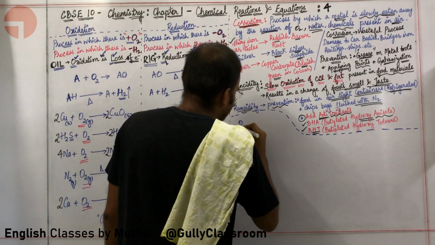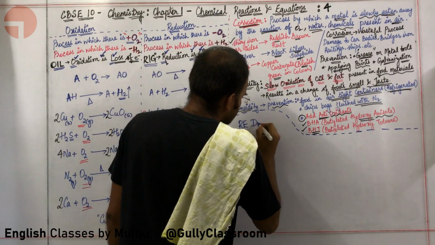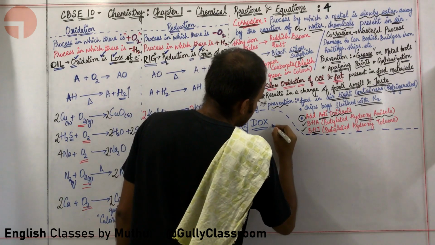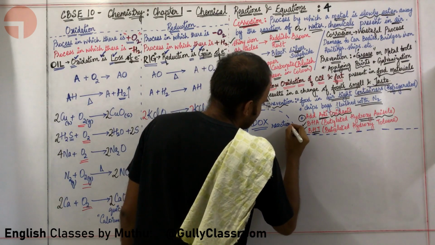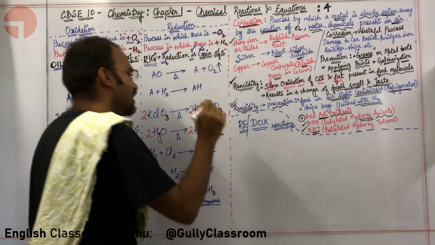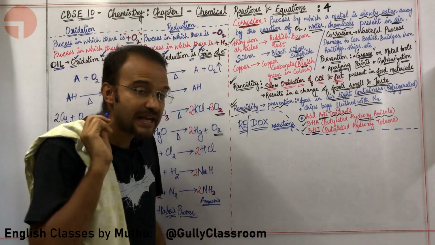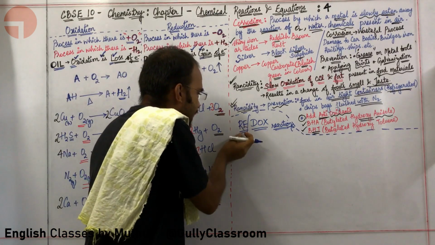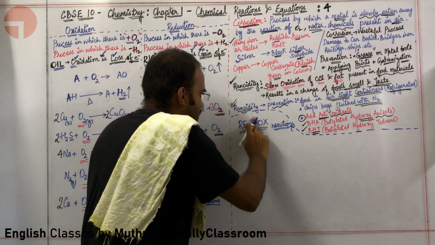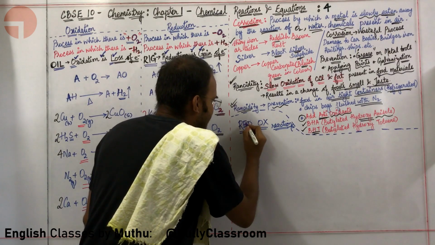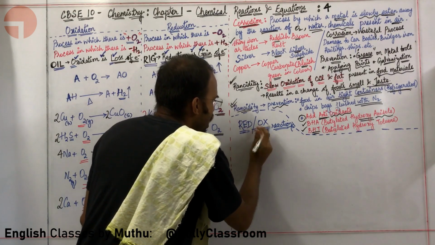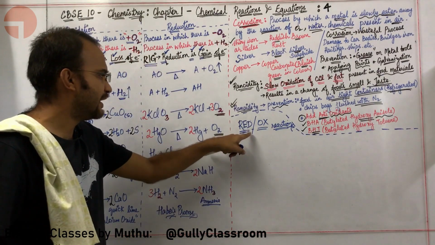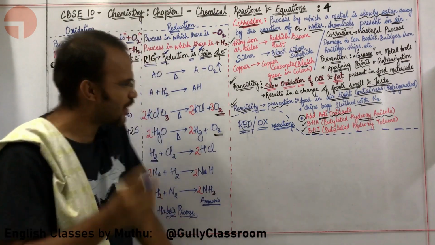When reduction and oxidation are happening at the same time, it is called redox reactions. Redox reactions. Here, red from reduction, ox from oxidation.